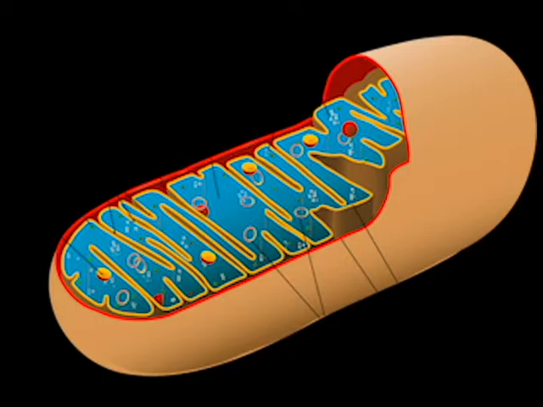It's the site at which cellular respiration occurs, and it produces ATP, the energy currency of the cell. It's also speculated that because the mitochondria has its own mitochondrial DNA and its own plasma membrane, the mitochondria was once its own organism that was then absorbed into us.